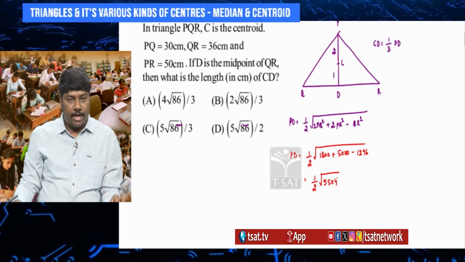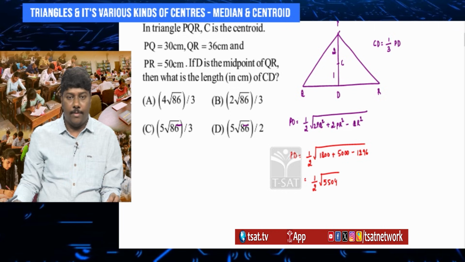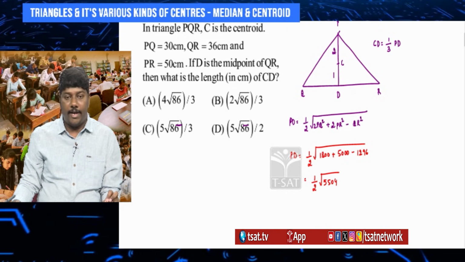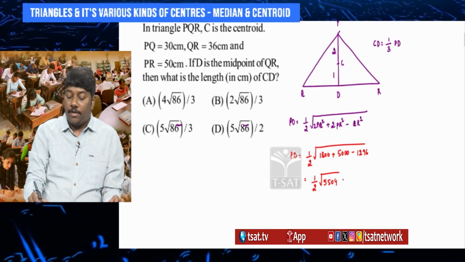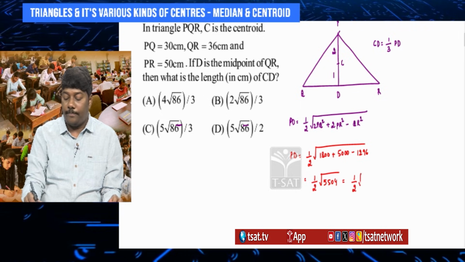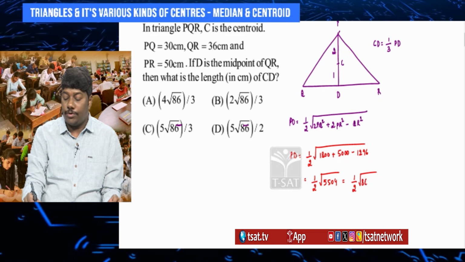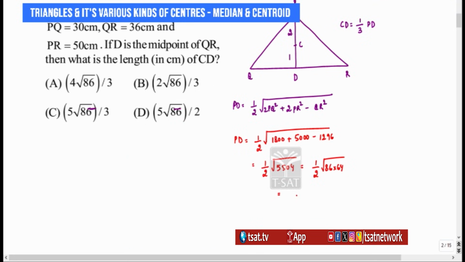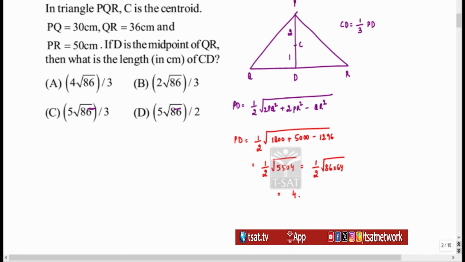If you observe all the options, there is root 86 common, therefore you can say 5504 is definitely divisible by 86. If you factorize 5504, it comes out to be 86 into 64. Root of 64 will be 8. 8 by 2 is going to be 4 root of 86.